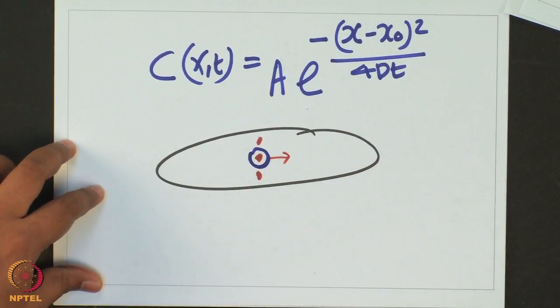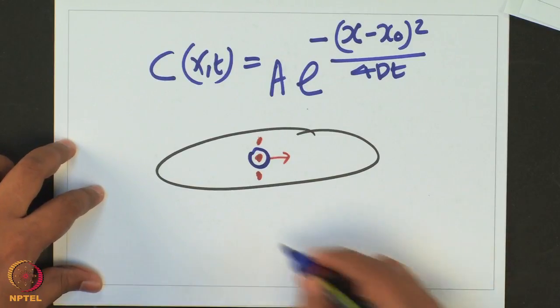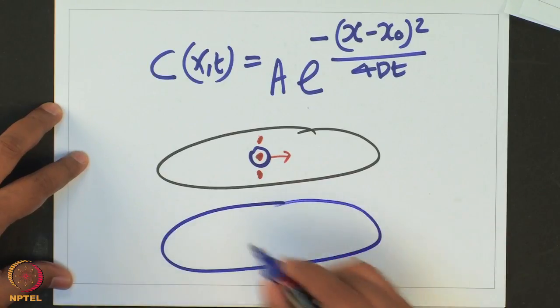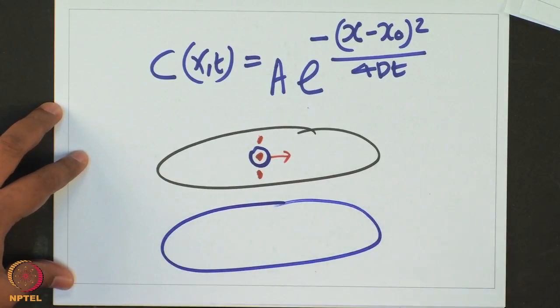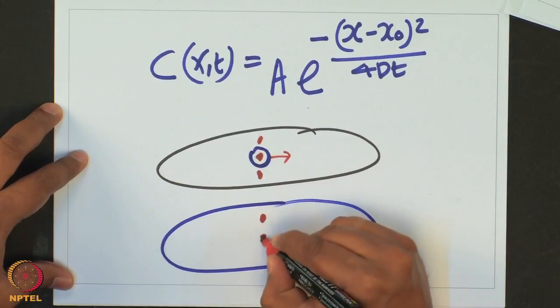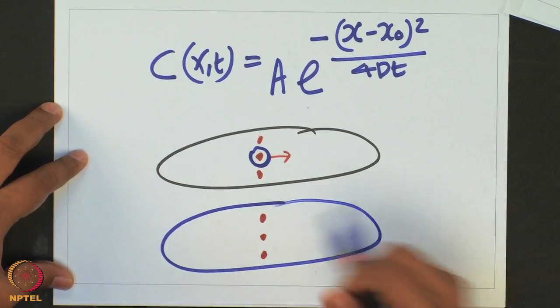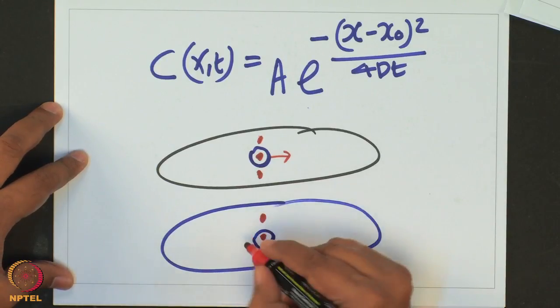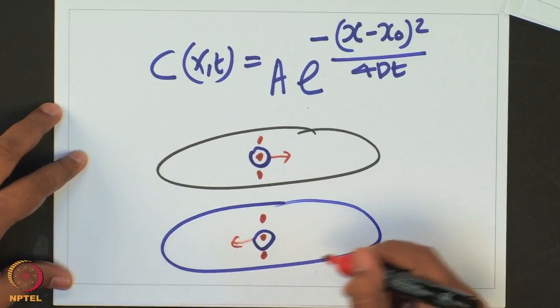In some other experiment, I repeat exactly the same experiment under the same conditions, and I track another molecule. This time it might as well go this way, we don't know.